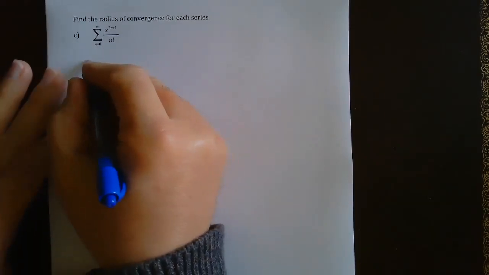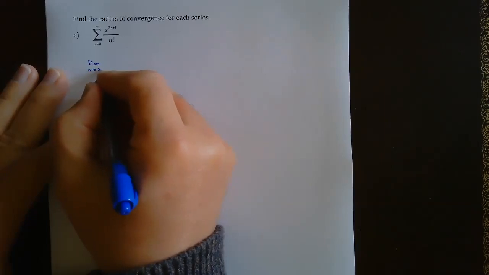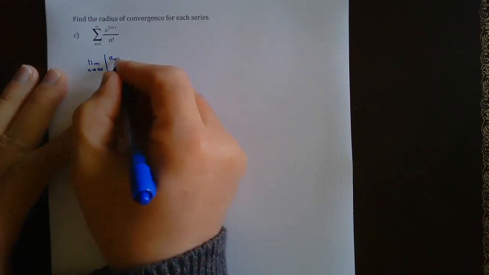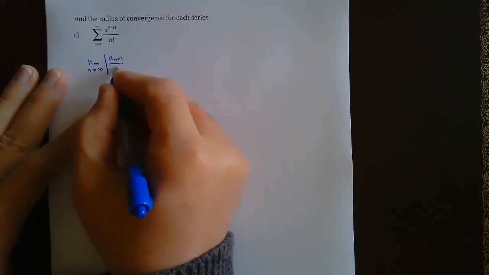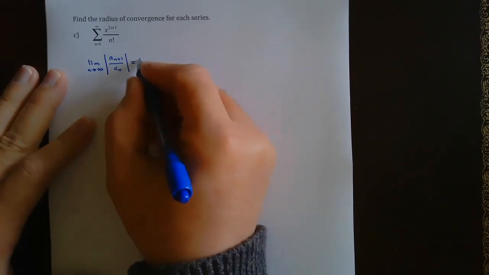So we're going to take the limit as n goes to infinity of the absolute value of a sub n plus 1 over a sub n. So that's the limit.